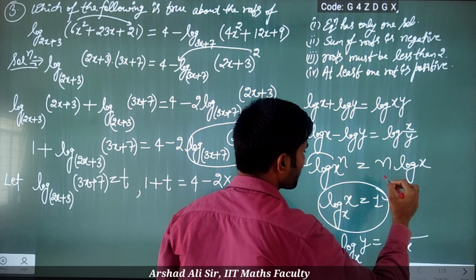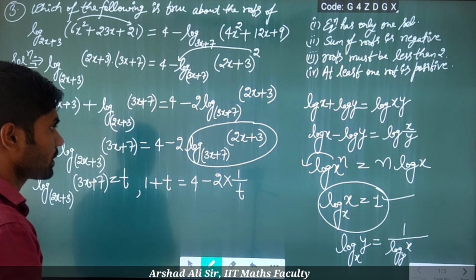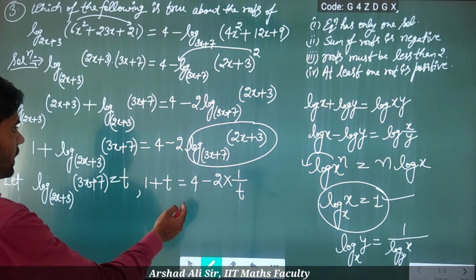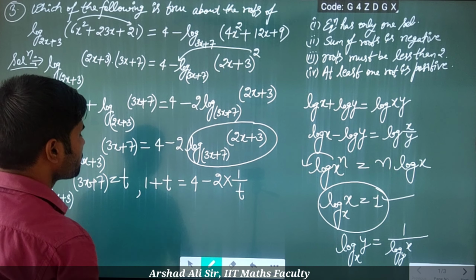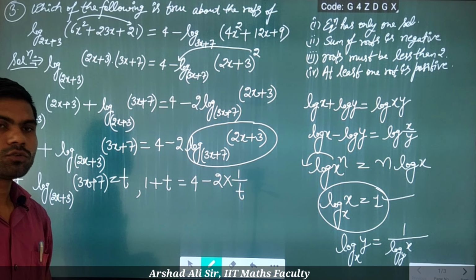Okay, it is also a simple but important property in logarithms. So now we have a simple equation in terms of t, so we can easily calculate the value of t.